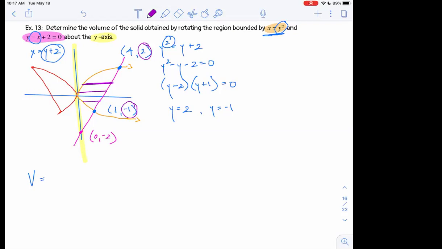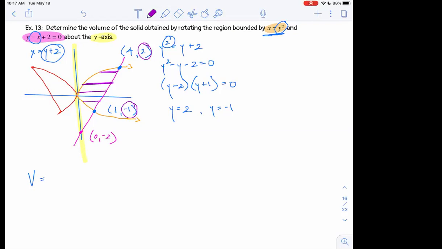So the moment you see that one of your slices is not going to touch the axis of revolution, that means that you have a hole, okay? So maybe this one is a little bit more drastic. That purple line is so far away from the axis of revolution, there's definitely going to be a hole up there, okay?